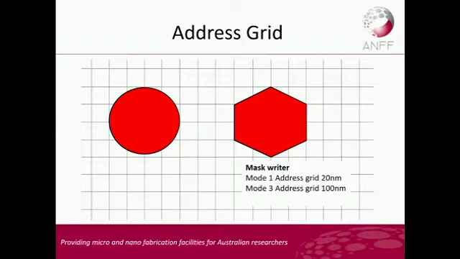But again, 90%, 95% of our masks that are written use the mode 3. The difference between the two modes is that with the mode 1 head, you can write down to about 1 micron feature size, maybe a little less, whereas with the mode 3 one, you can only write down to about 2.5 microns maximum.